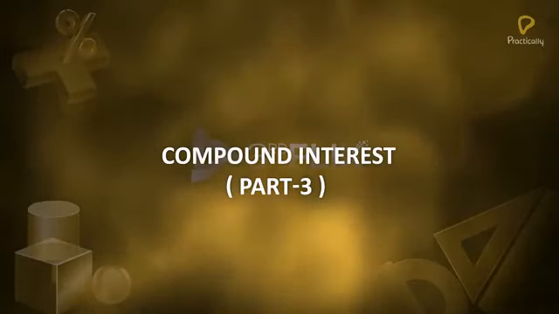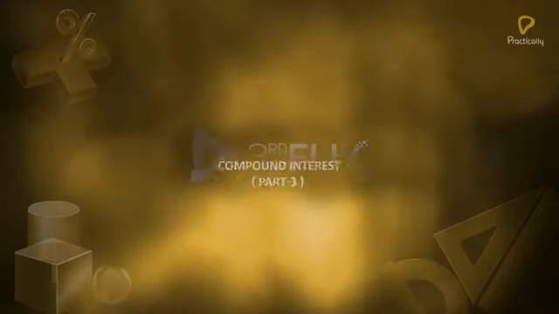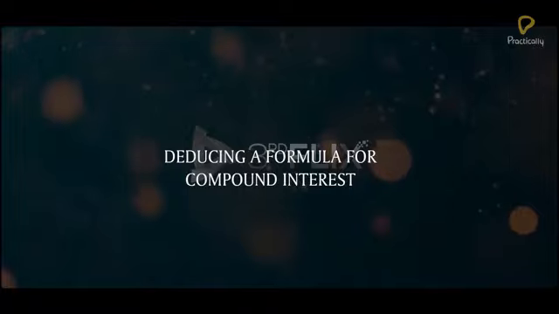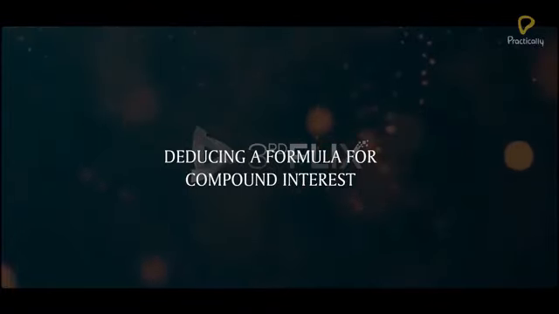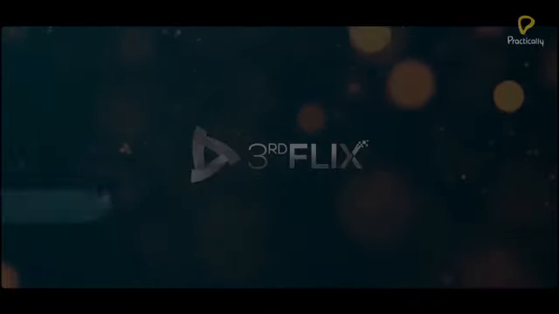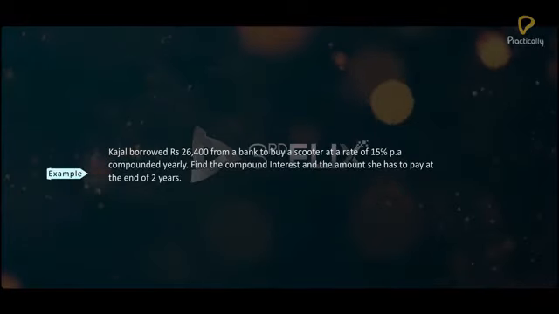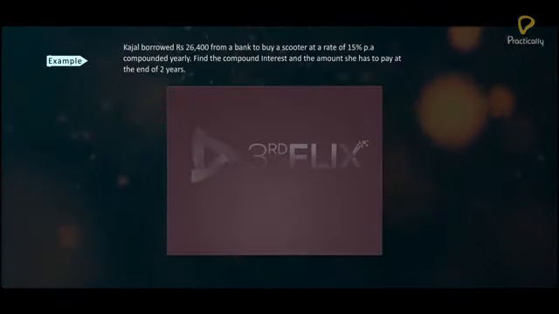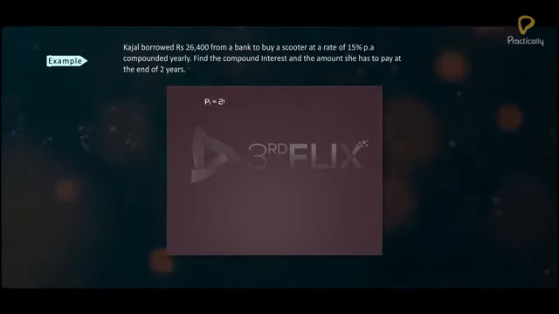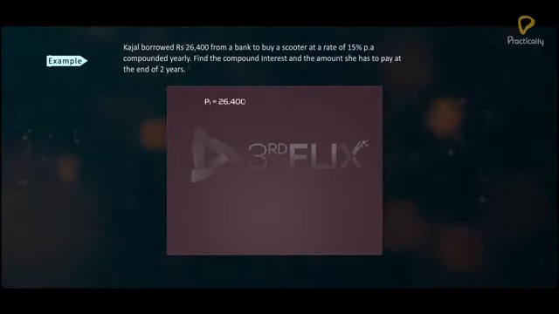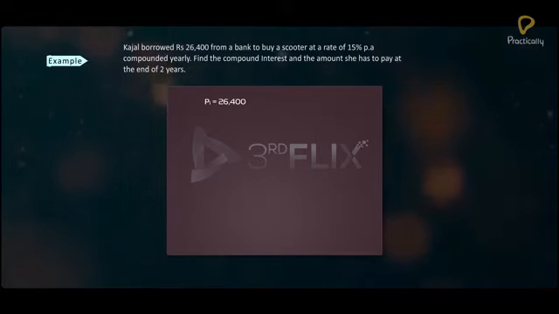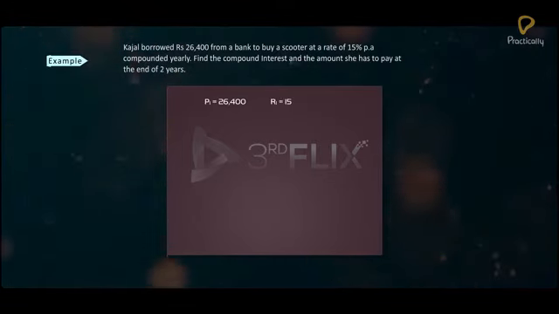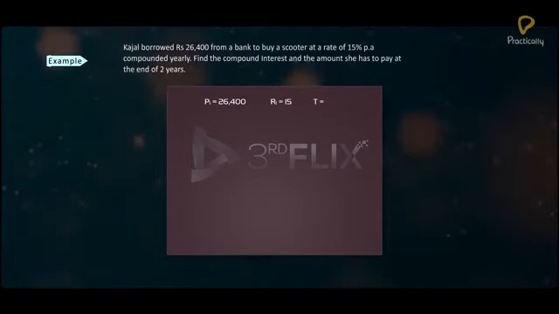Compound interest. Part 3. Deducing a formula for compound interest. Consider the previous example that we worked on earlier. P1 is equal to 26,400, R1 equals 15, T equals 1.